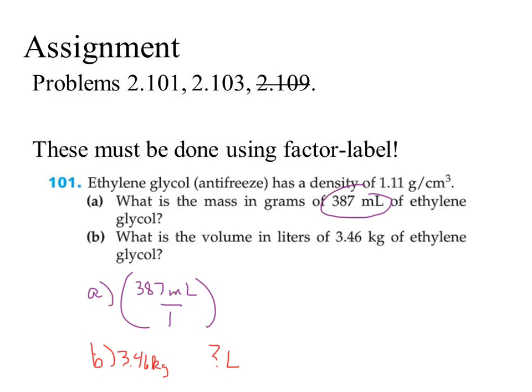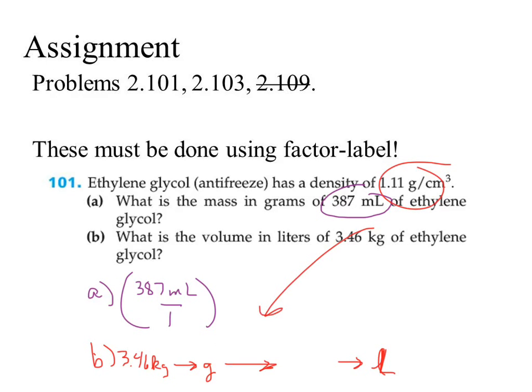Okay, so we can use density to get from grams to cubic centimeters, but what are we going to have to do first with kilograms? Go to grams, exactly. So I'm just going to put go to grams here. Once we get to grams, then we can go ahead and use this.